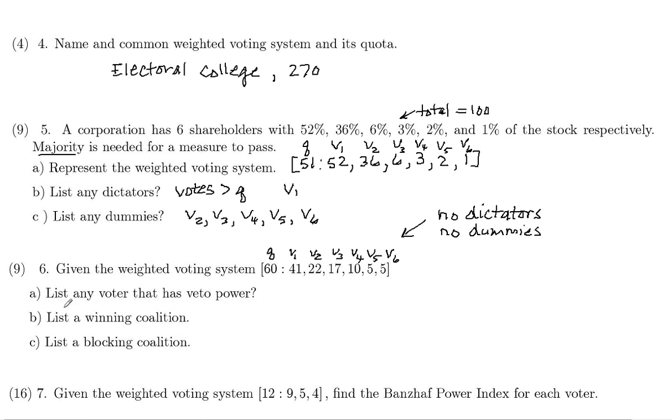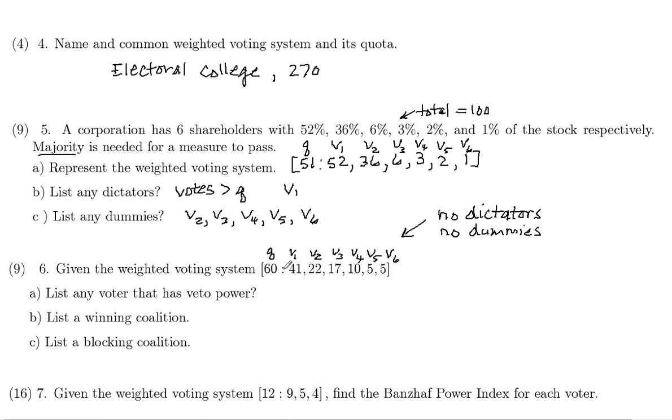And then down here, does any voter have veto power? That means if that voter withholds their vote, then the measure won't pass. Well, you need 60 to pass. So with veto power, you always start with the highest voter.